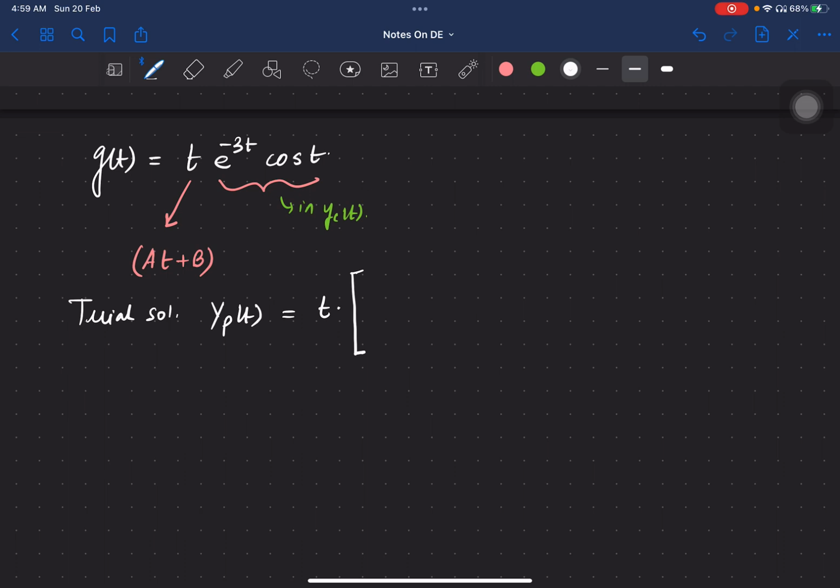So t times a t plus b, e power minus 3t cos t, plus c t plus d, e power minus 3t sin t. So this will be our trial solution.